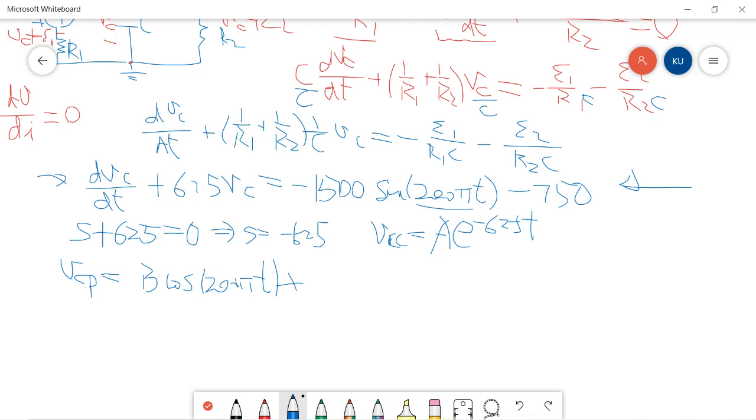I do not use C because C is the capacitor, so I use D instead. But actually, you can take whatever you like. You can use M, N, P, Q, and so on. There's no problem.